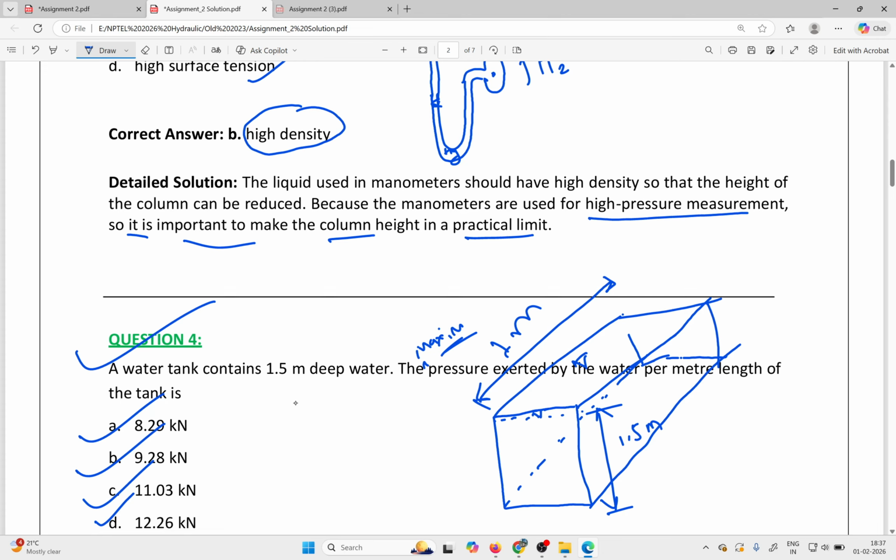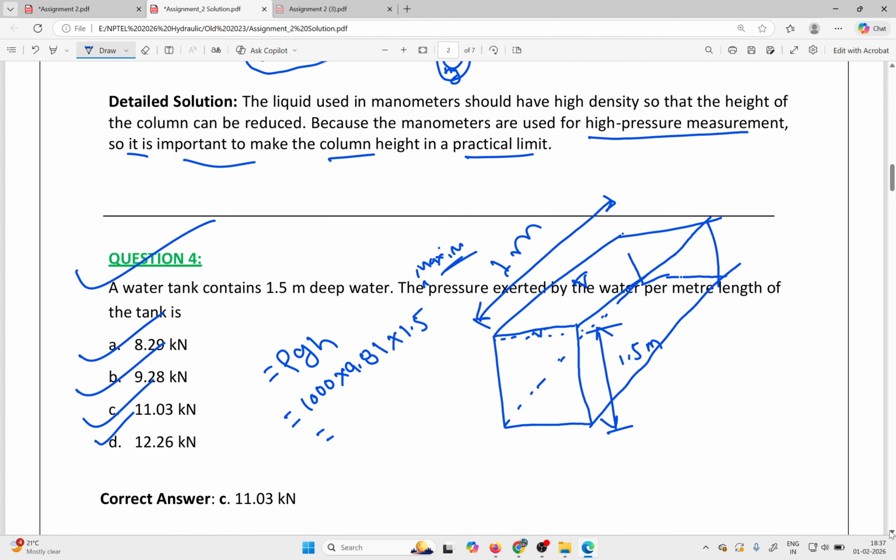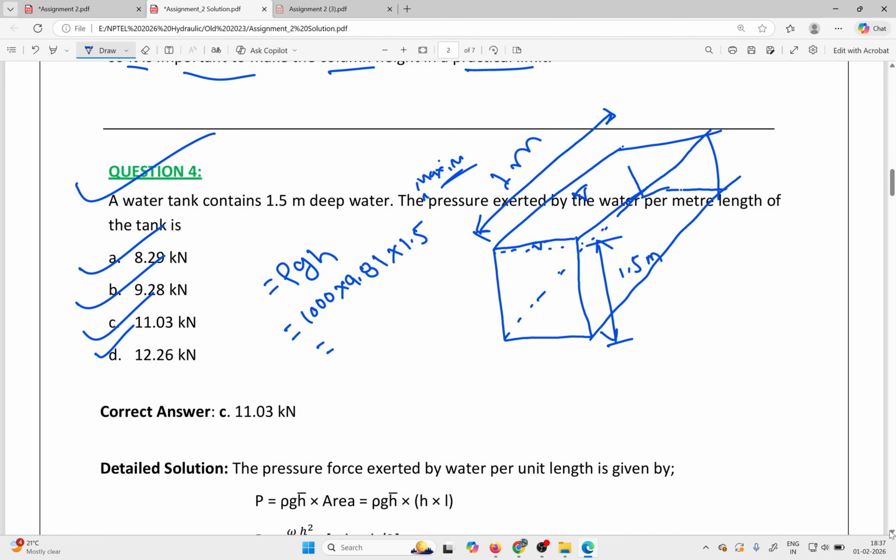So pressure exerted is rho g h, and for water you have 1000, 9.81, and h is 1.5. After calculation, hope you will get option C. I'll just show you. Yes, option C you will get.